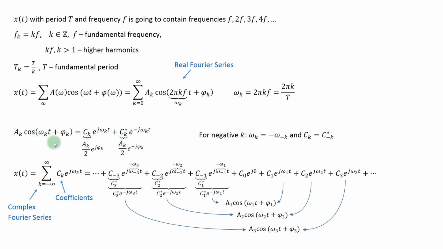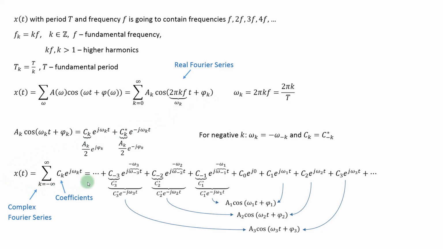And this frequency will come to the argument of this complex exponential and this complex exponential. Now when I express each cosine, each pure tone at each frequency in this form, I can actually rewrite this Fourier series into this form.